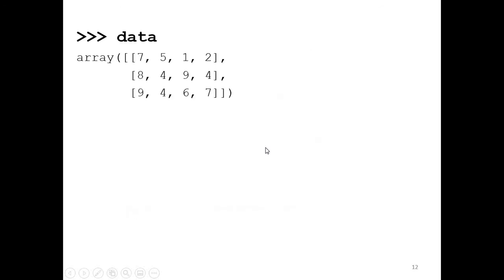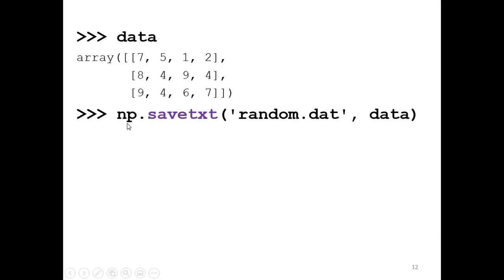Now the opposite. You have this data set, for example, your data is a Numpy array. You are writing a Python program or script from which you have generated this data as a 2D Numpy array. Now you want to store this data in a file. So you can write np.savetxt.